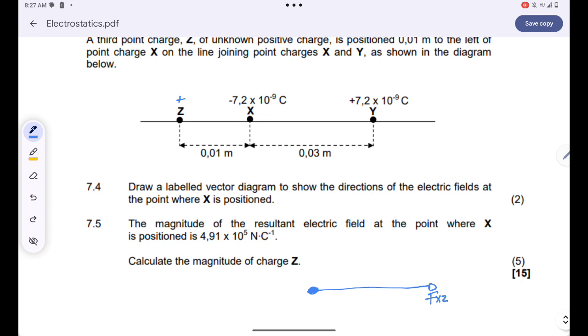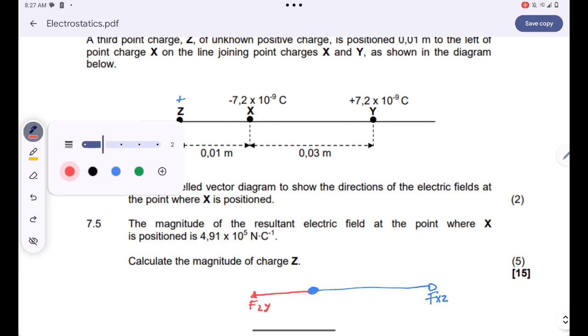And then the electrostatic force between Y and Z, they are both positive, so they're basically pushing one another away. But I'm only focusing on Z, so Z will be pushed towards the left. This is the force between Z and sphere Y. Remember that, guys, the electric field is always in the direction of the electrostatic force.